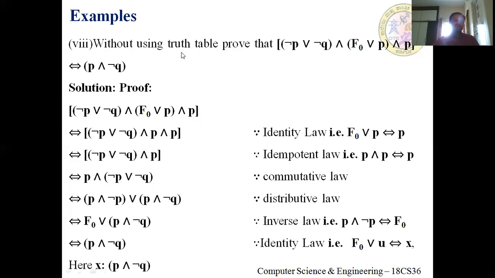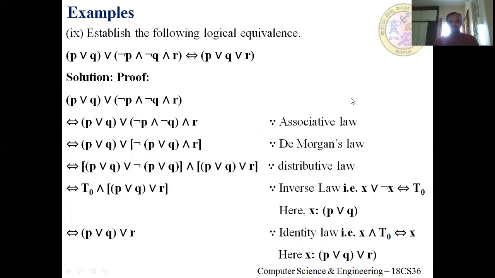As I already told in the previous session as well as in this session, the problem with the truth table method is that as the number of propositions increases, the number of rows in the truth table also increases. That's why by using the laws of logic, you can easily prove that the LHS is logically equivalent to the RHS. These are some of the problems you can take by yourself for practice purpose.